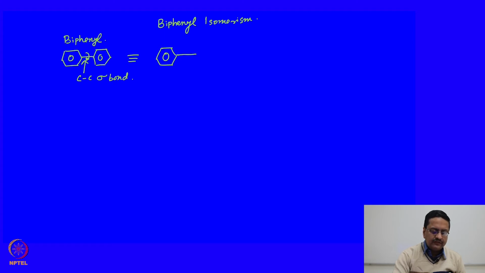Assuming that this aromatic ring is in plane, the other aromatic ring is slightly above and below the plane of projection, but the rotation about this bond is not restricted.